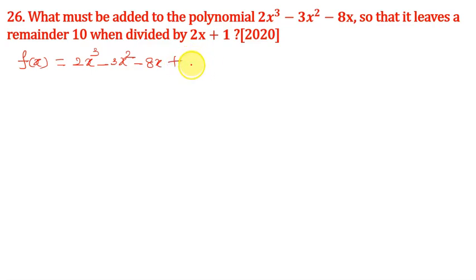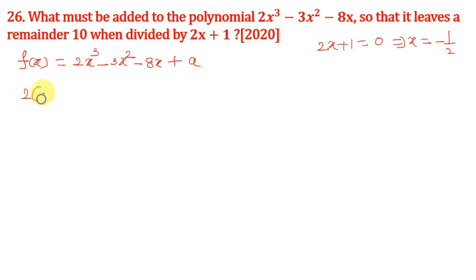Suppose the added number is a. It leaves a remainder 10 when divided by 2x plus 1. Now 2x plus 1 is equal to 0 implies that x is equal to minus 1 upon 2. If we substitute x equal to minus 1 upon 2, then the remainder is 10. Means the value of this polynomial is 10.